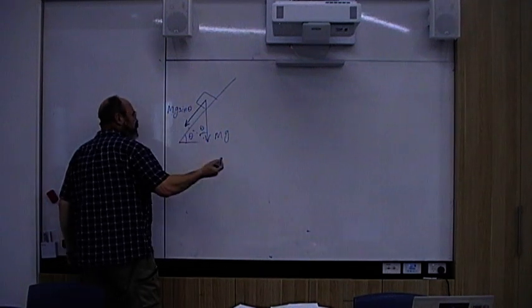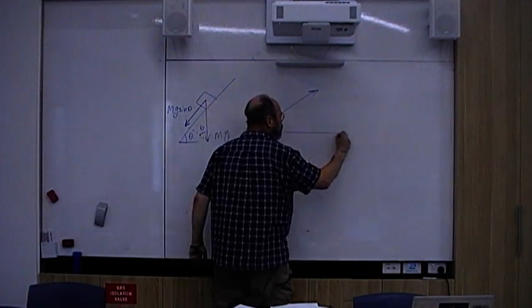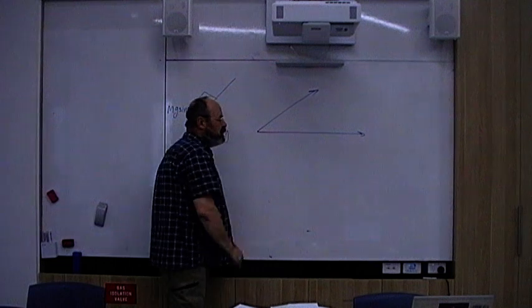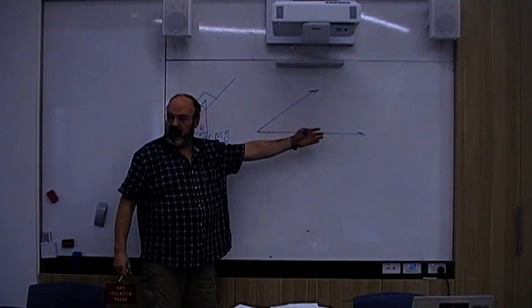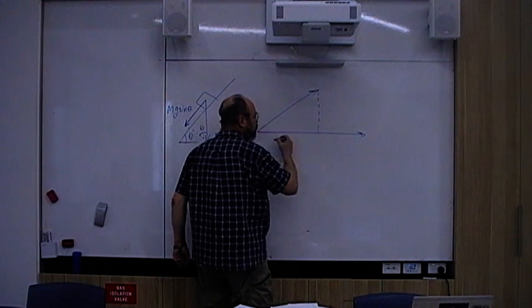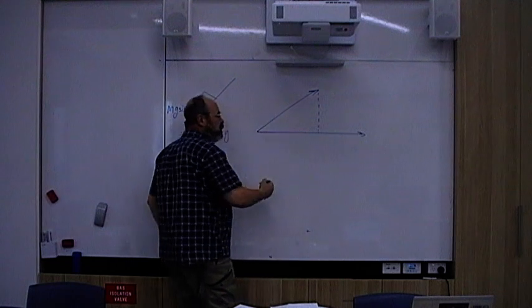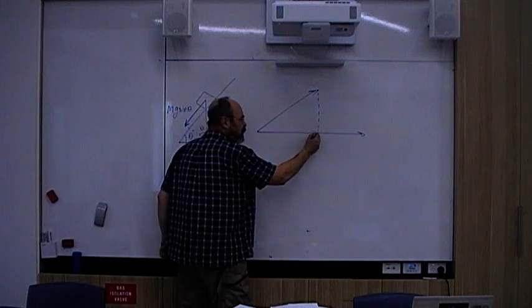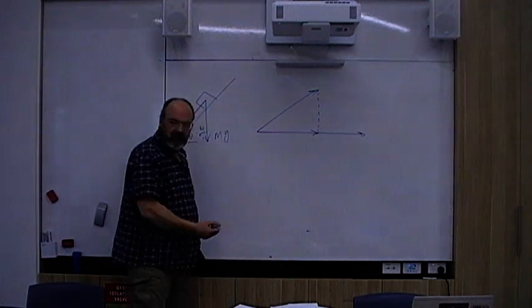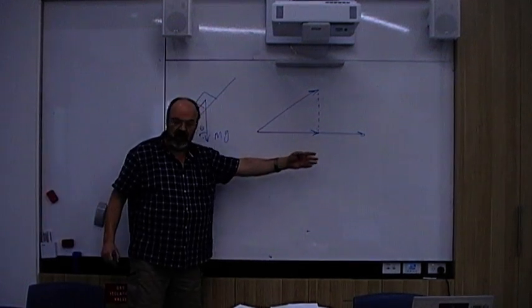So in general, when we have one vector and, let's say, the x-axis or another vector, to find the resolution of the vector we draw a perpendicular, and the resolution of this vector in this direction is this vector. Only this part of the vector is acting in this direction.